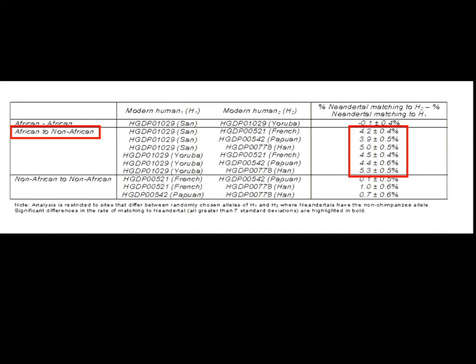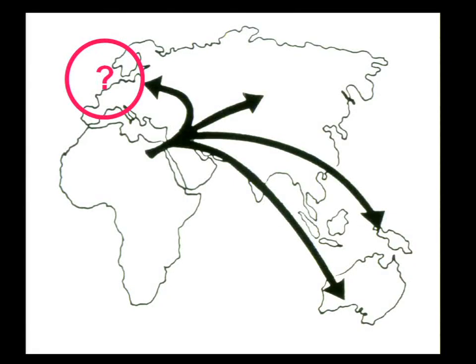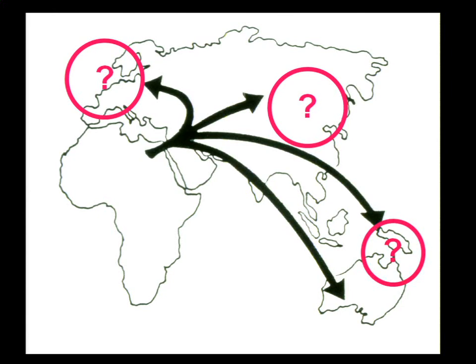And the disturbing, or surprising, thing here was that we see this not only in the French, but in the Chinese individual, in the Papuan individual, so areas of the world where there have never been Neanderthals from the fossil record. So the surprising thing is that we see this also in China, we see this also in Papua New Guinea, for example.